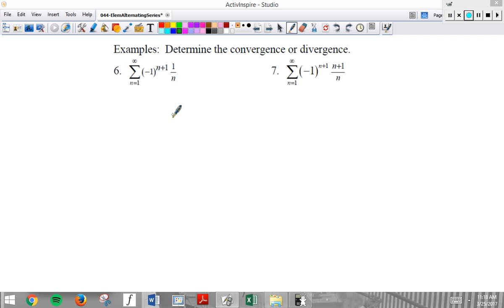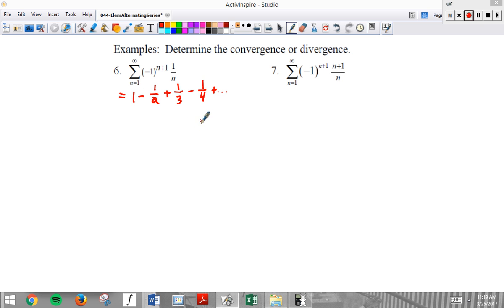So I see this guy, and I would see two things. First, let's write out a few terms of this series. So at 1, this would be squared, so it's positive. Then 2 cubed, so it would be negative 1/2. 3 to the 4th, so it would be positive, negative, and so on and so forth.